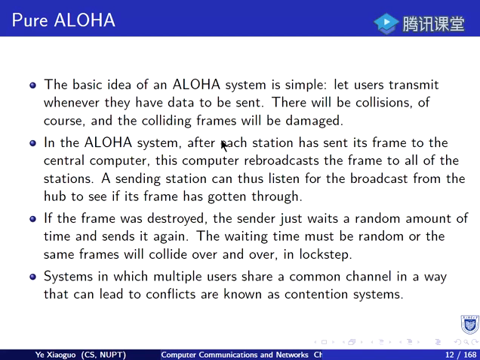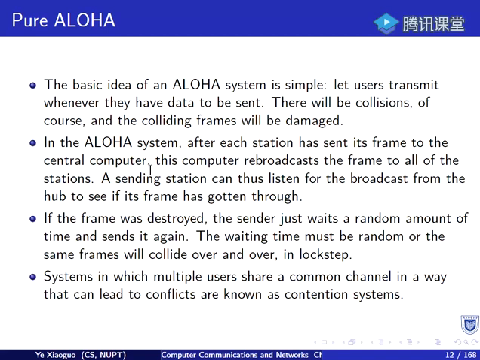So the central computer is the machine that forwards frames to the client stations. Each station sends its frame to the central computer. Then the central computer rebroadcasts, meaning forwards, the frames to all of the stations.